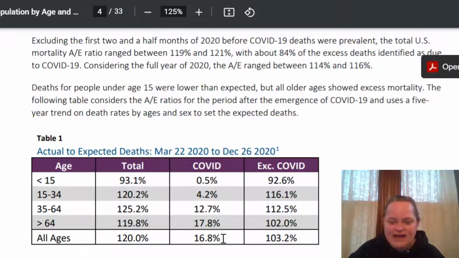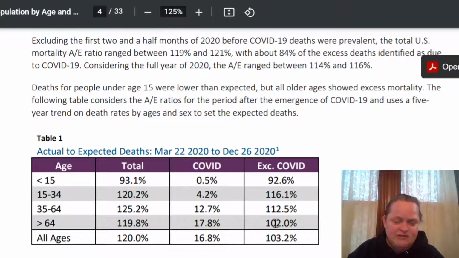Okay, so let's look at what's left after we take COVID out of the excess mortality. We see for all ages, we still have this residual 3%, but that's because we're averaging over the entire population. And so again, all ages about 20%, where 17 percentage points is COVID, and then 3% is left over, not explained directly by COVID. But as we can see, it differs by age group.